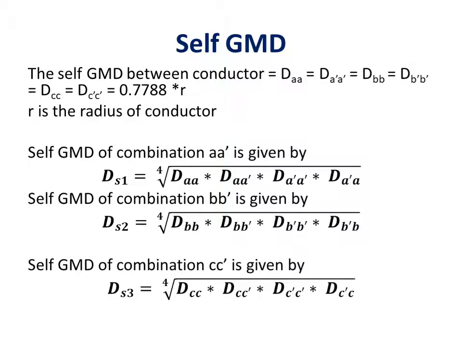The self GMD of the combination of conductor A and conductor A dash, let us denote it by the letter S, for self GMD, self geometrical distance.